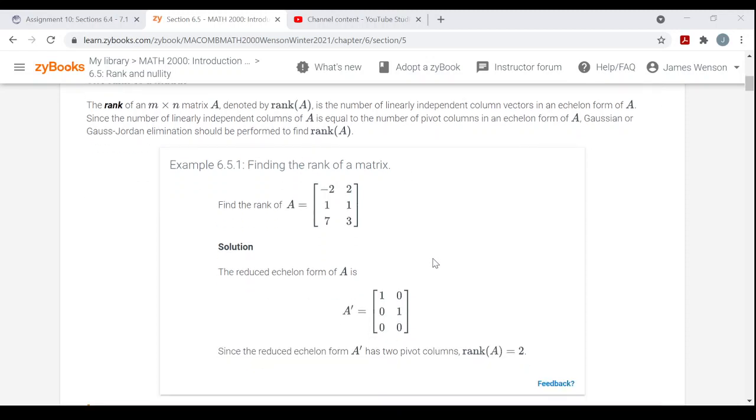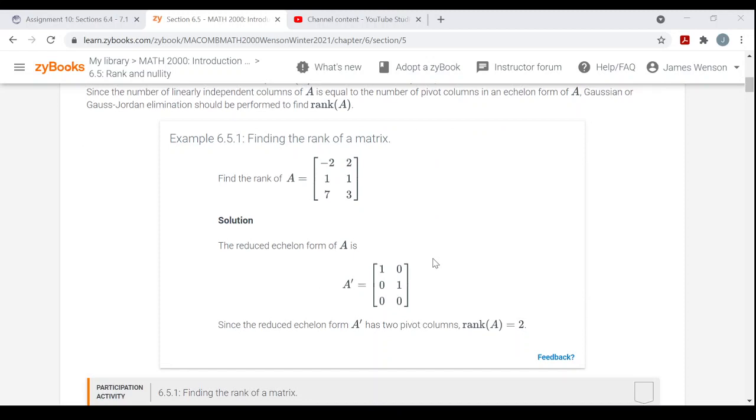Alright, so I'm just going to read through some of these because you've seen me put a matrix into reduced echelon form plenty, either on the calculator or by hand with elementary row operations.